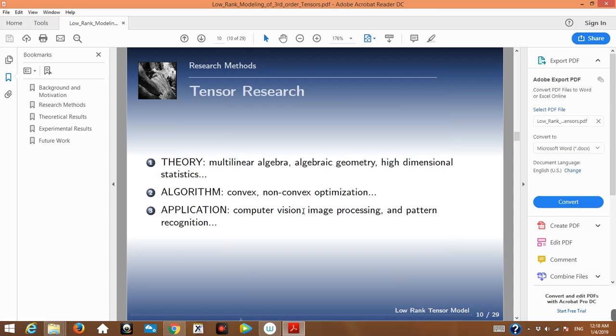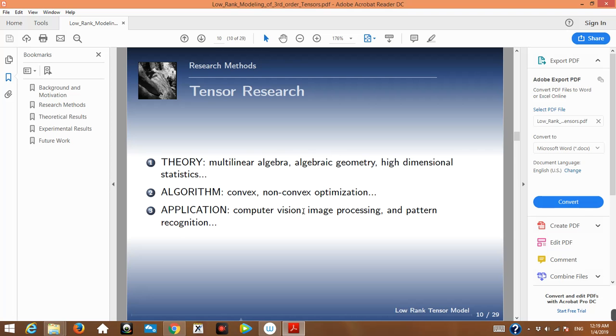People have studied tensors for more than 100 years. Even some very famous mathematicians like Hilbert and Felix Klein did some very essential research on tensors. People have used multilinear algebra, algebraic geometry, and high-dimensional statistics to study the theoretical background of tensor research.